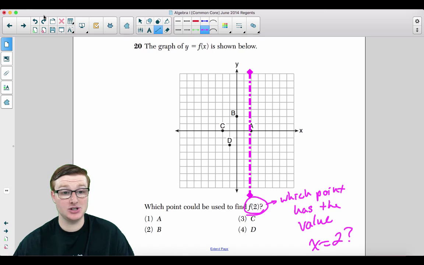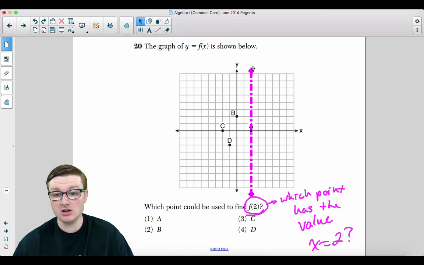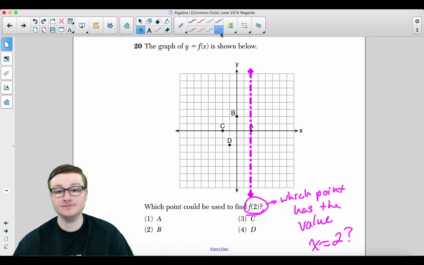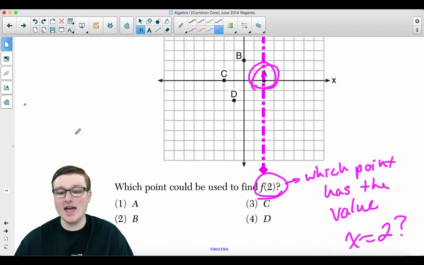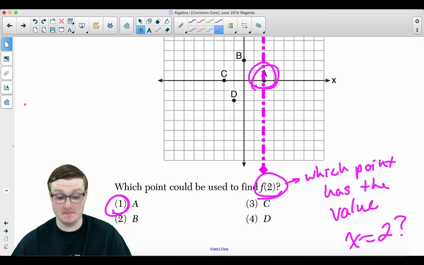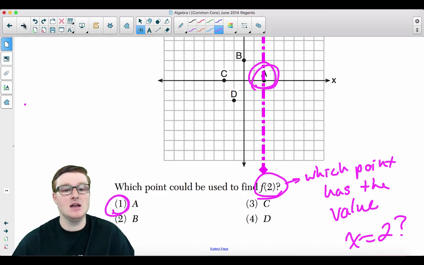That's x is equal to 2, because every single point on this line has a value of x is equal to 2. Well, the only point that works is right underneath there, and that is going to be point A. So A is the point to find f of 2. All right, and that's it.